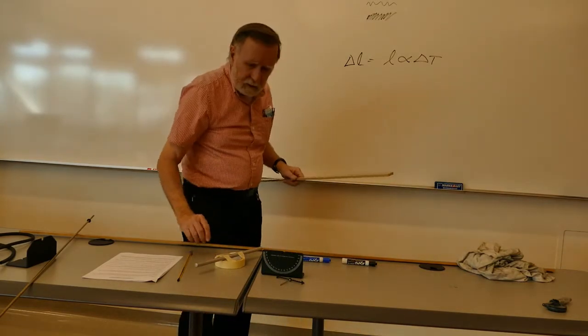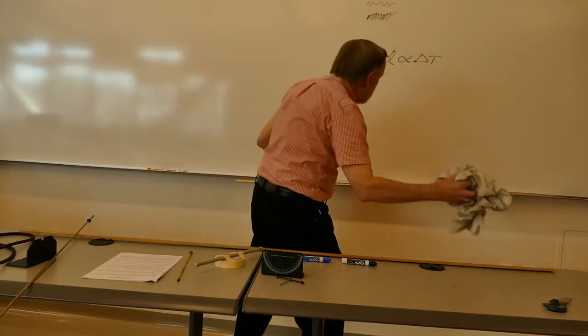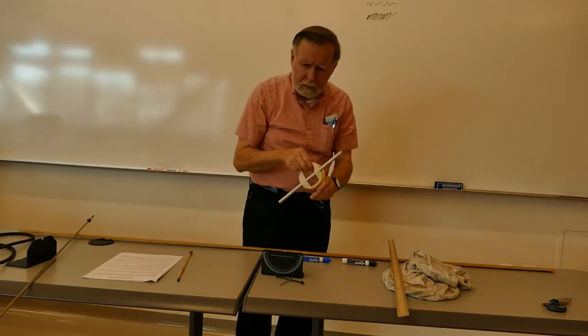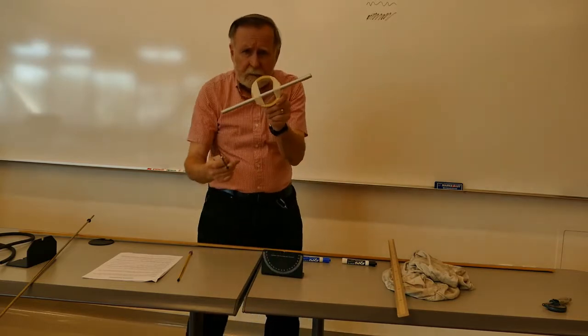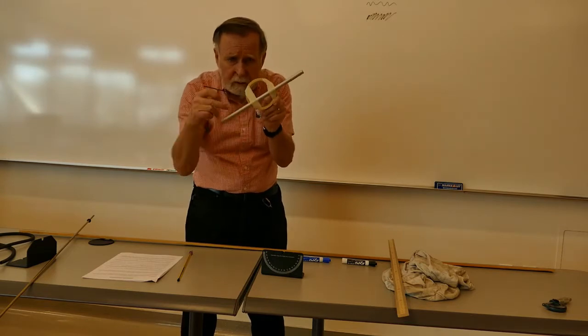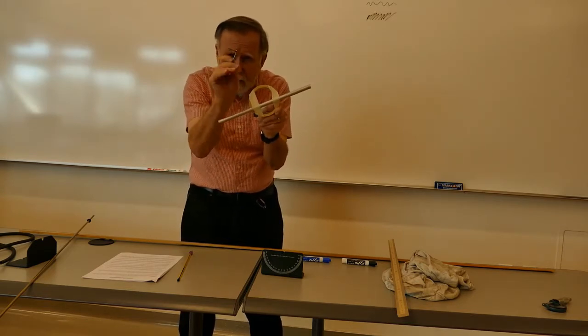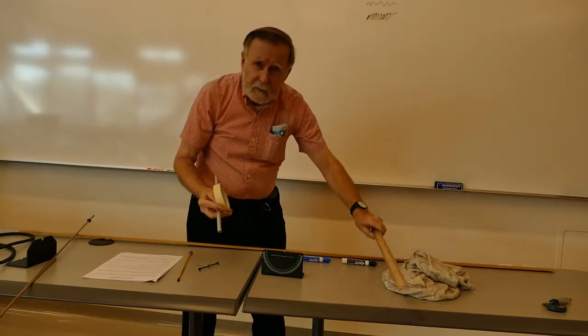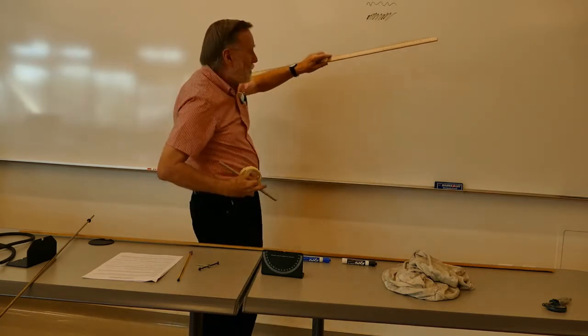To try to make it a little bit more clear, suppose this little rod here is our arrow, and this tape is the axle. So what happens is we take the brass tube.